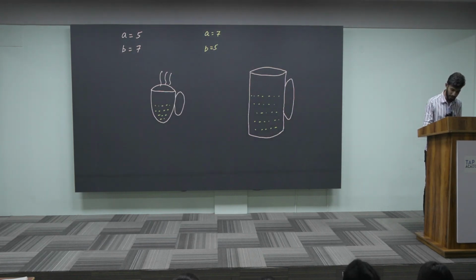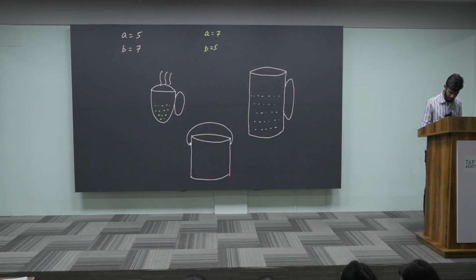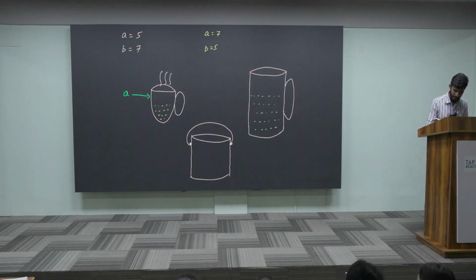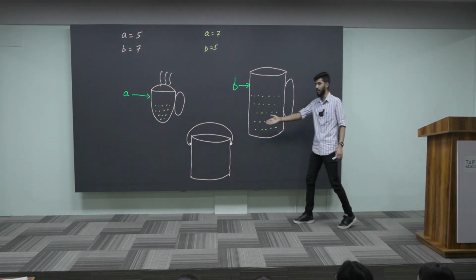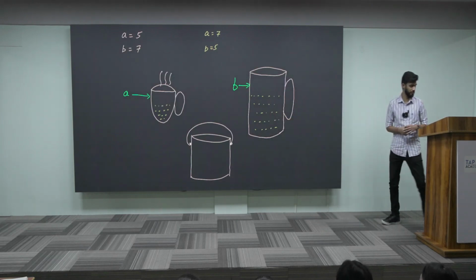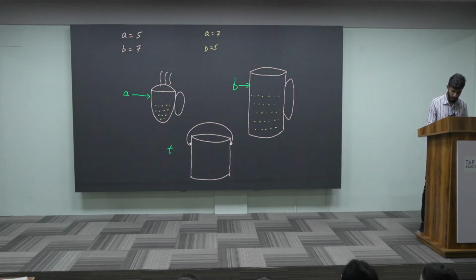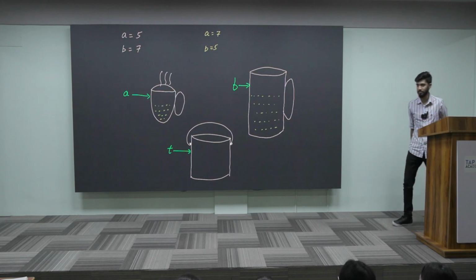So you can take another container, or one bucket if you want. Let's give names for all of this. I will call it A, just for our understanding. I will call this B, and I am using this temporarily, so I will call it T.